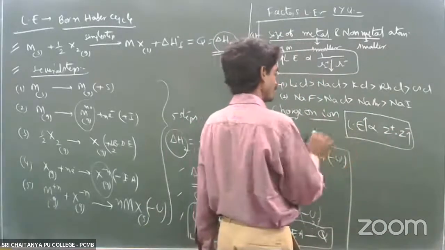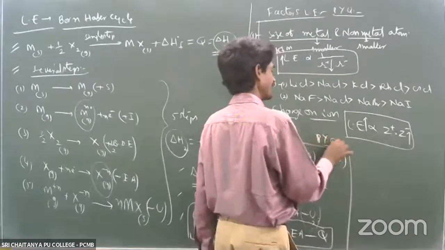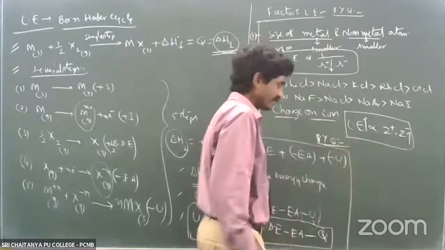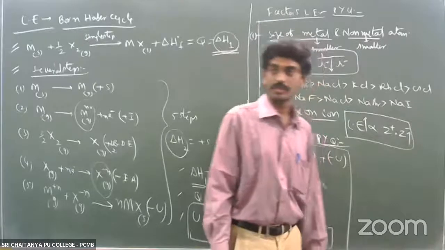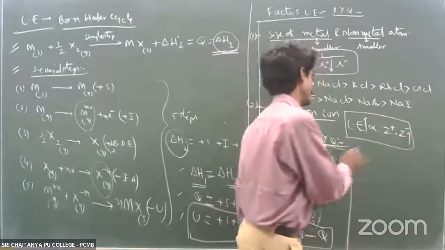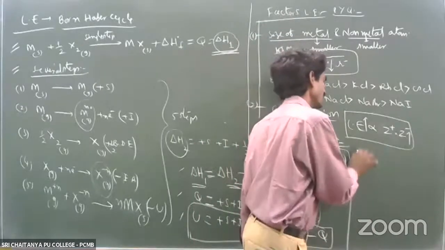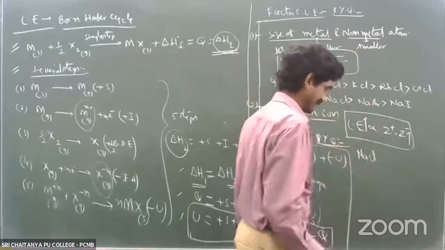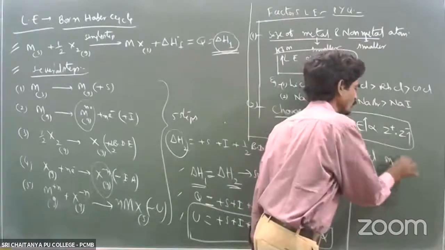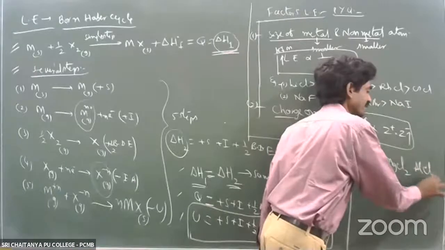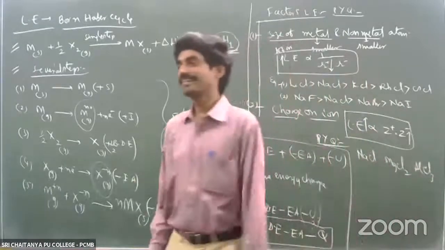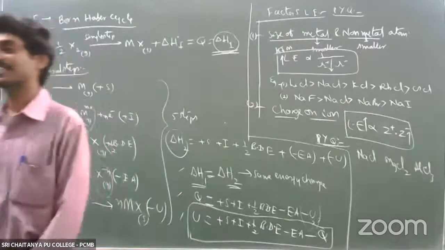For example, this is a previous year question. You are learning here what type of questions are appearing also. Take NaCl, MgCl2, AlCl3. Which one would have more lattice energy?